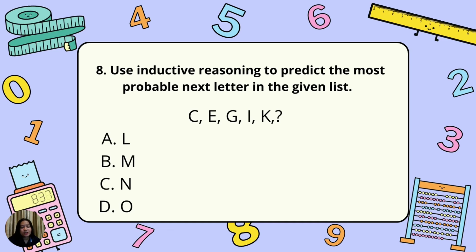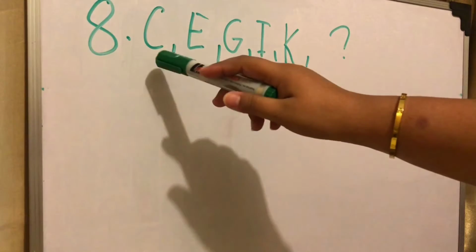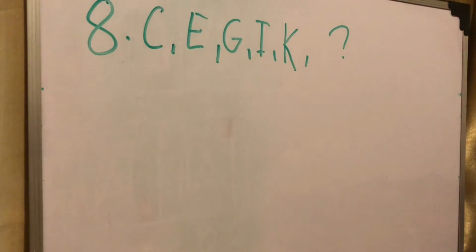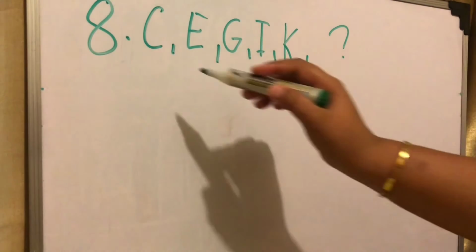Example number 8, use inductive reasoning to predict the most probable next letter in the given list: C, E, G, I, and K. So we have a series of letters here, C, E, G, I, and K. Their difference is only one letter.